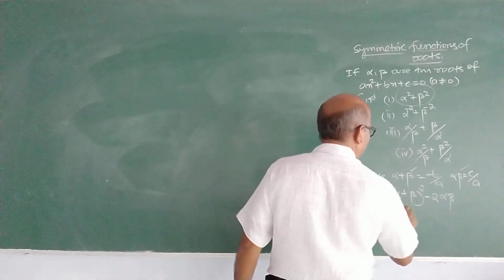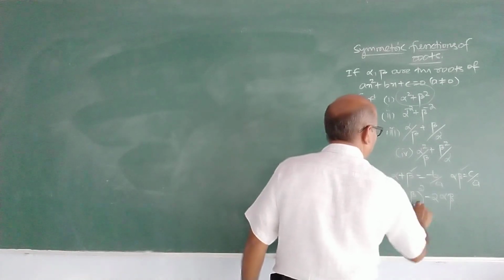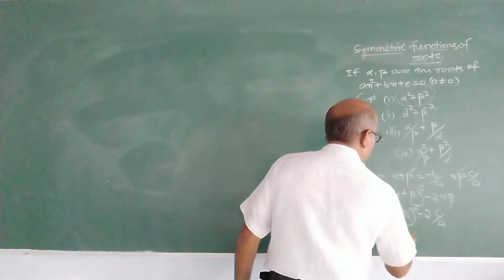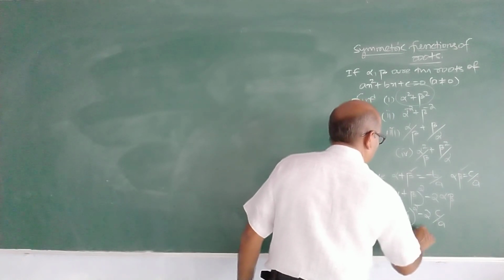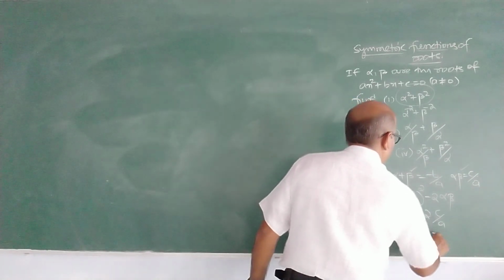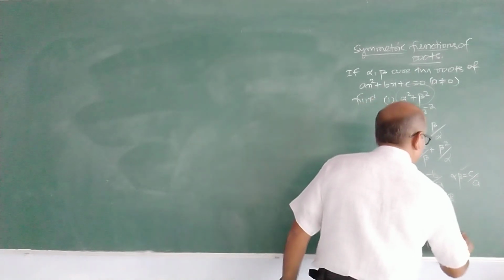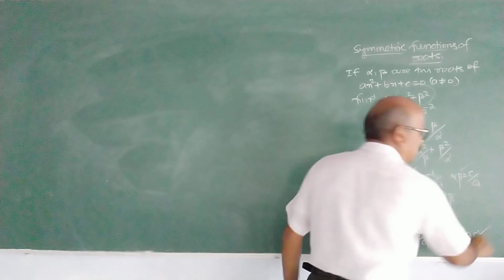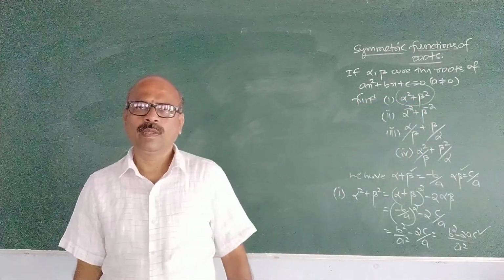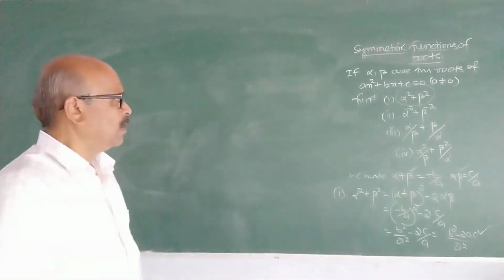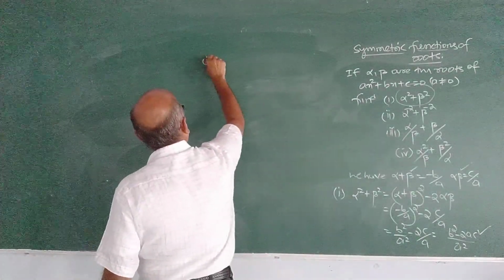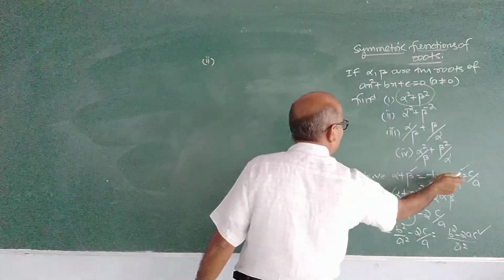Alpha plus beta is minus b by a, and 2 into alpha beta is 2c by a. So b square by a square minus 2c by a, or b square minus 2ac upon a square. This is the value. This is the method: you have to express in terms of only these two things, alpha plus beta and alpha into beta.